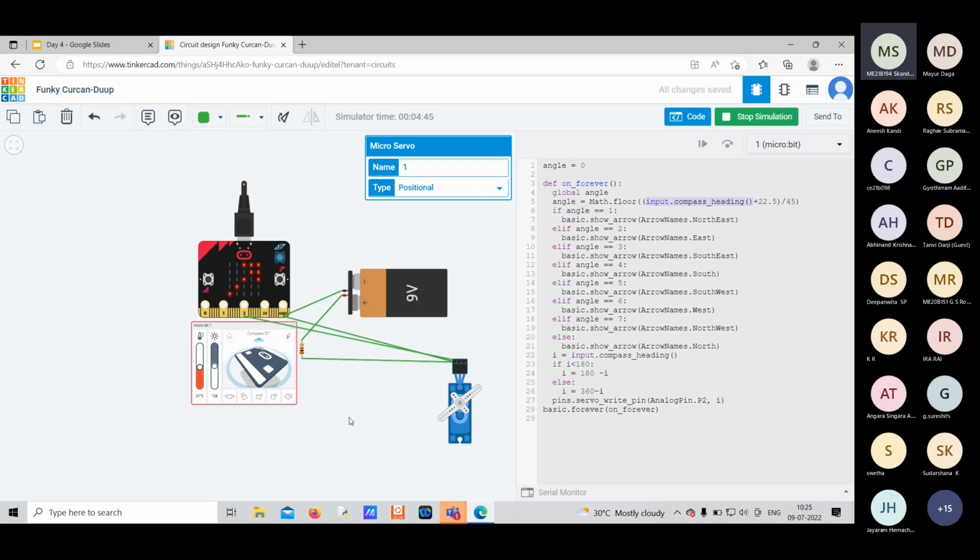So its value is retrieved, and you're going to add 22.5 to it and divide by 45. When you're entering the northeast range, which is 22.5 to 45 plus 22.5, which is 67.5, you want it to point in the northeast direction.